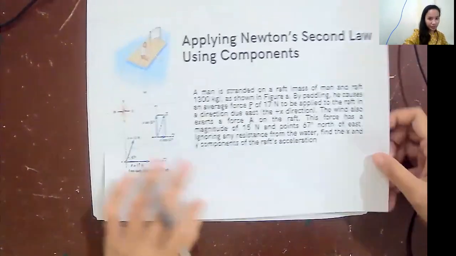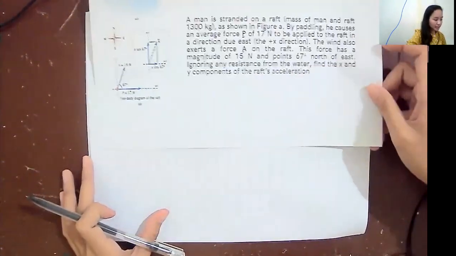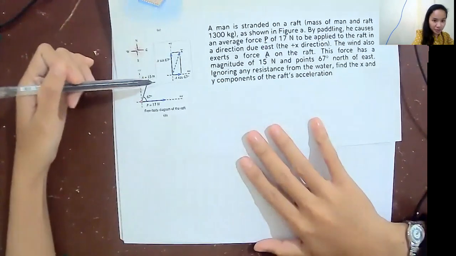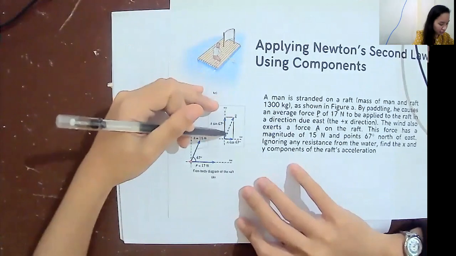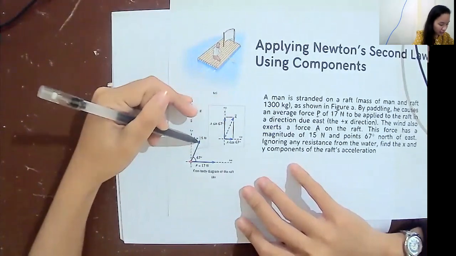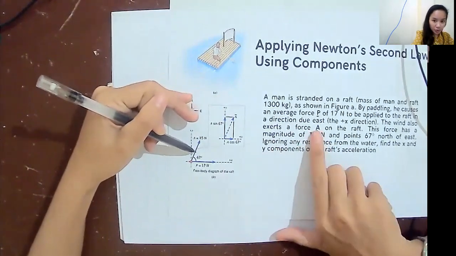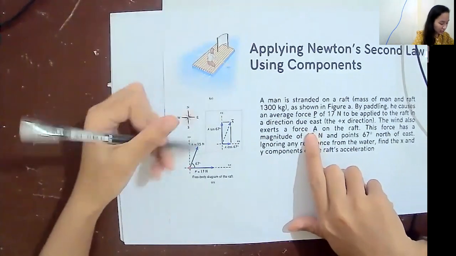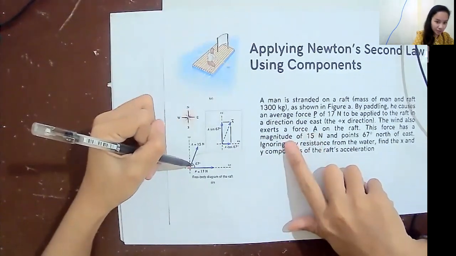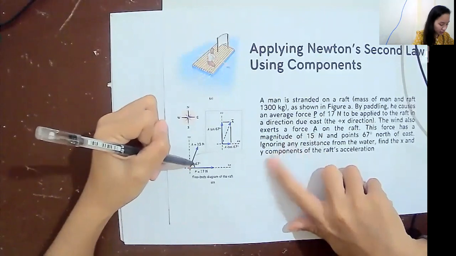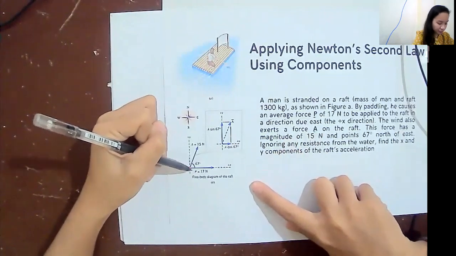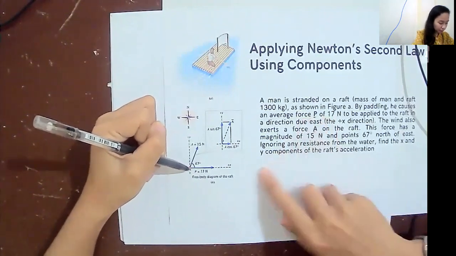Okay, so our first step, again, this is the free body diagram of what is happening in the raft. So this is the direction of our raft. This is your A. This is our force A. Okay, the slanted one. This is 67 degrees north of east. And then we have here our average force.